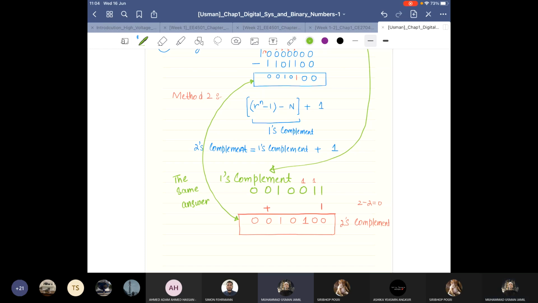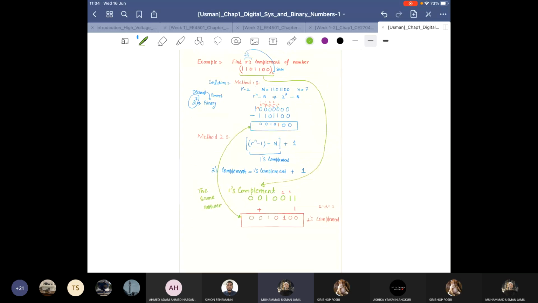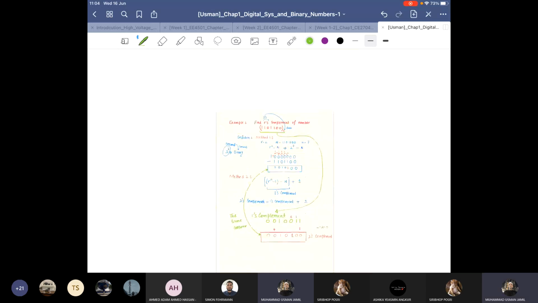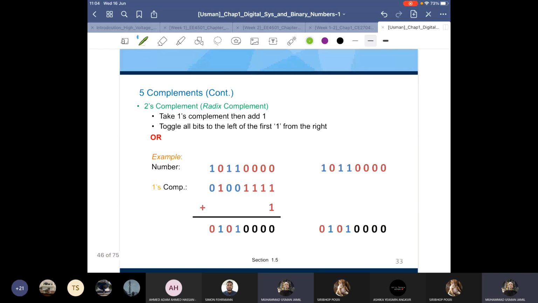So now you have learned how we can find diminished radix complement and how we can find radix complement. Does anyone have any question here? Otherwise, we can move to the next one.